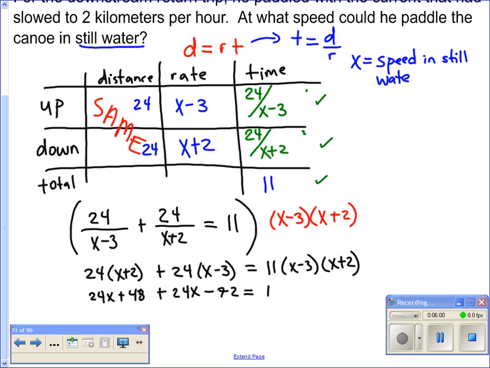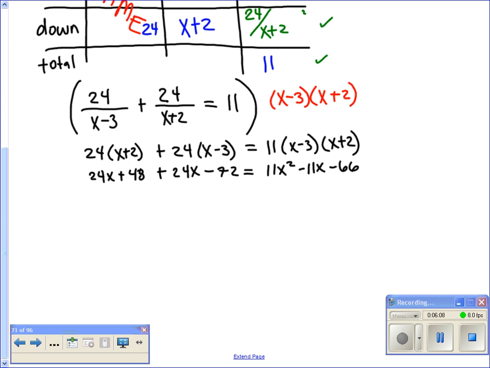When you do all of that, you're going to get 11x squared minus 11x minus 66. Okay, now from here we're just going to get everything on one side of our equation by combining like terms, and we end up with 0 is equal to 11x squared minus 59x minus 42.